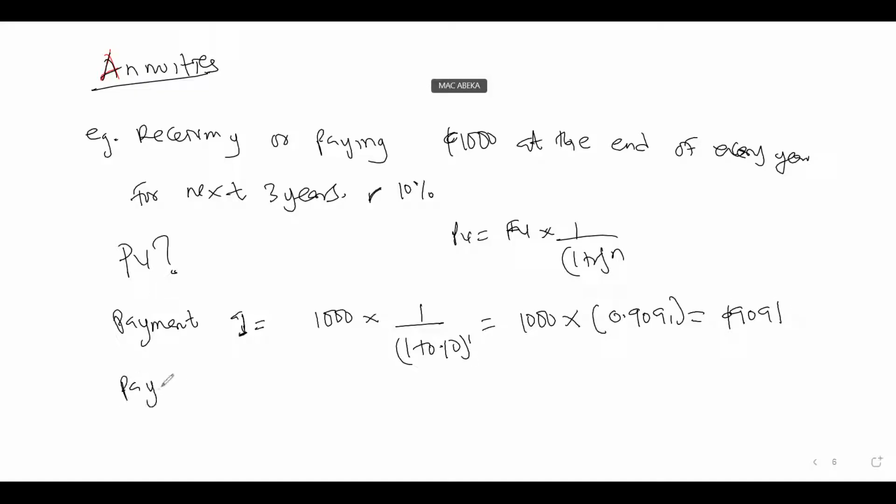For the second payment, it will be 1,000 times. Now remember, the second payment, you get it at the end of the second year. So in the formula, the n becomes 2.